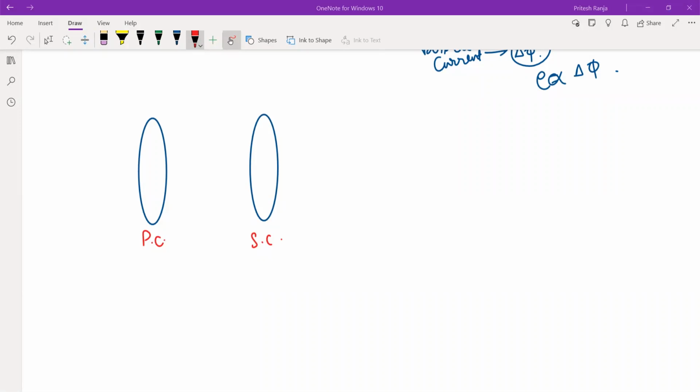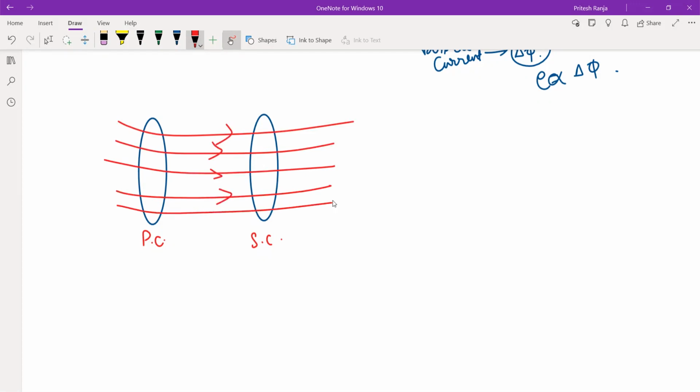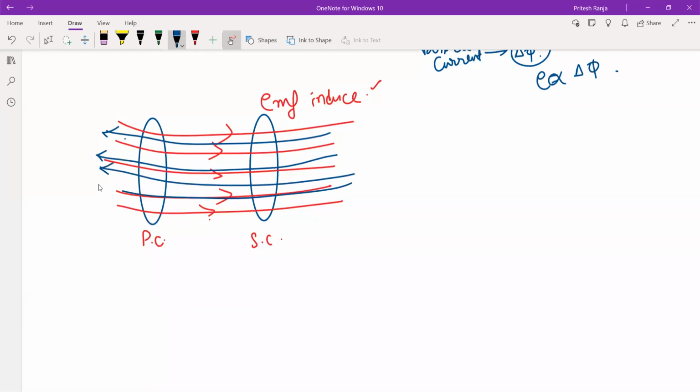Now the primary coil, across it the magnetic field passed through the secondary coil, right? So the EMF that was induced in it was because of mutual inductance. Now this induced EMF will again induce another form of EMF if we practically see, because of the magnetic field in the secondary coil.